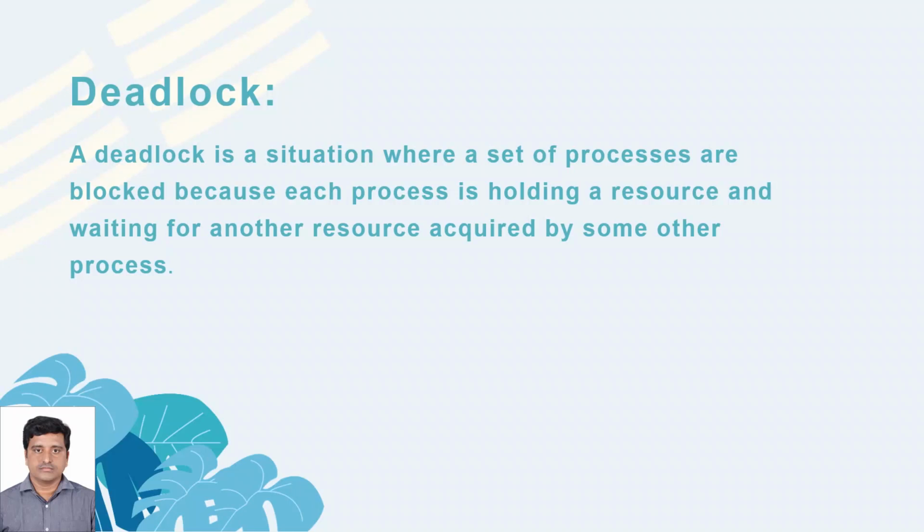So these are the resource types. If a system has two CPUs, then the resource type CPU has two instances. Similarly, the resource type printer may have 5 instances.